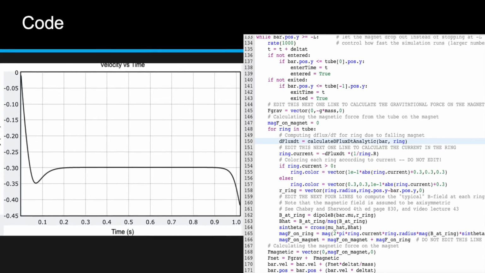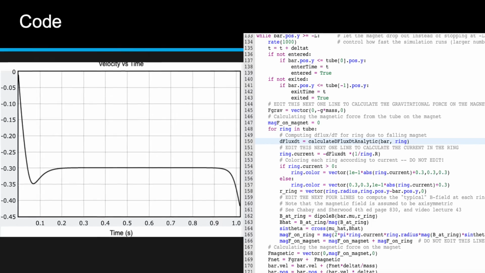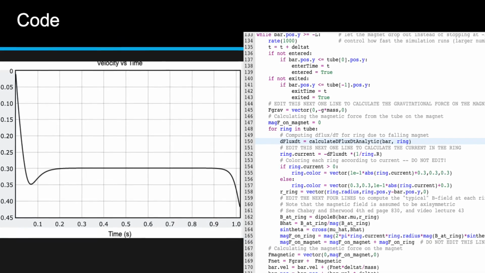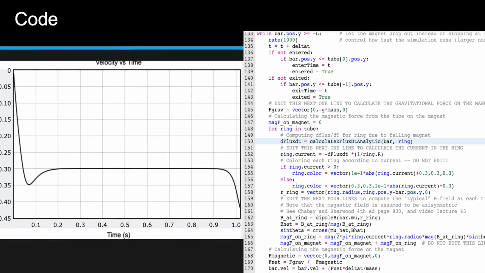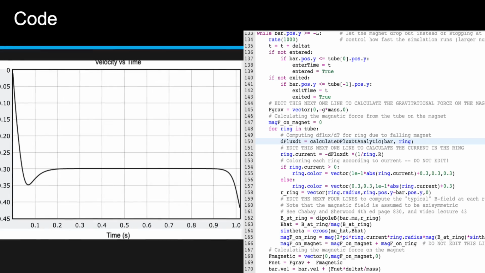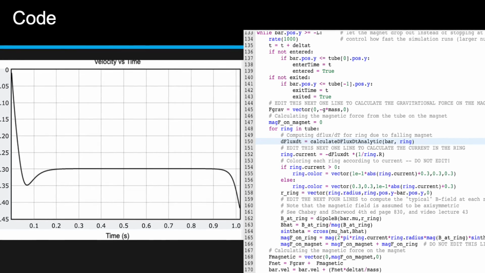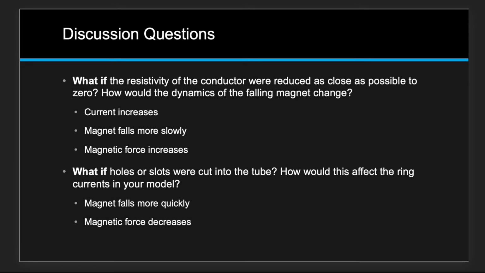And then you use that to find the magnetic force on the magnet, and then F net would be the magnetic force plus the gravitational force, and then you would find the magnet's velocity and position by doing the velocity update and position update formula, and then you would graph that in a velocity versus time graph to find that it is 0.988 seconds.